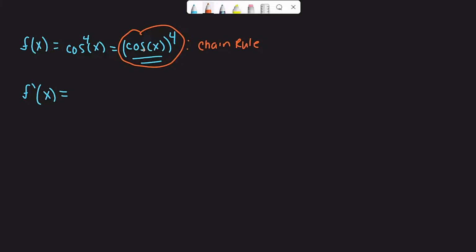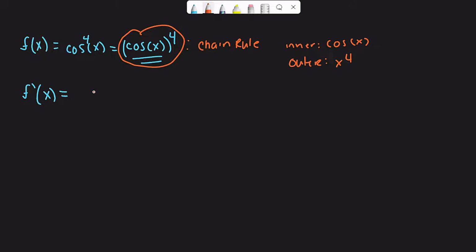The chain rule is right here because we have cosine of x raised to a power. So you could think of the inner function as cosine of x and the outer function as x to the fourth power.